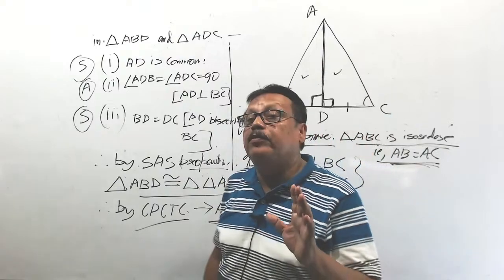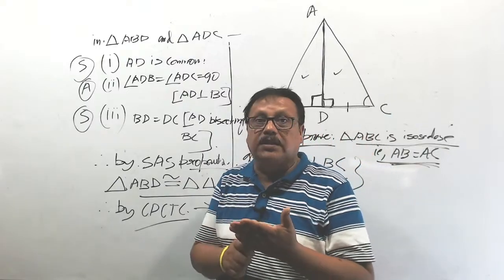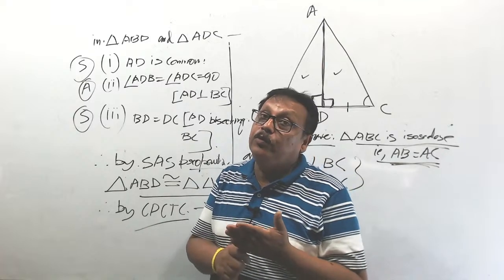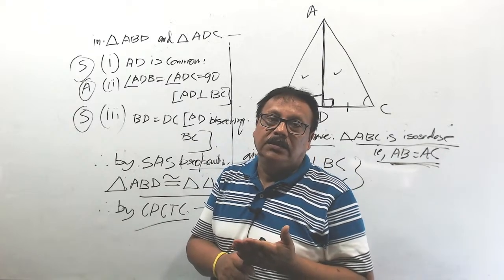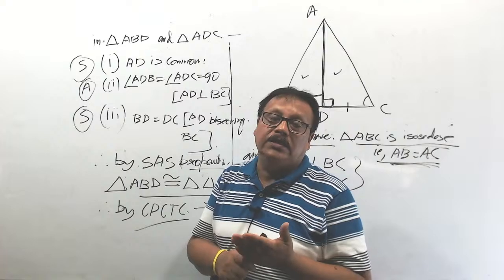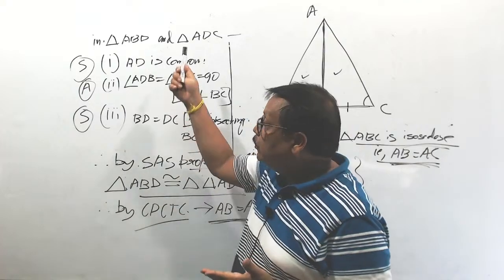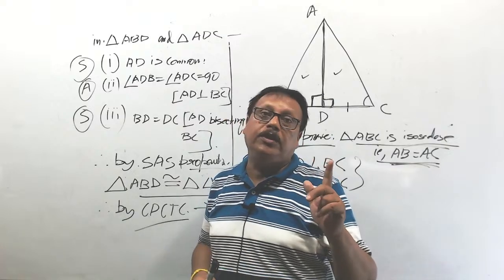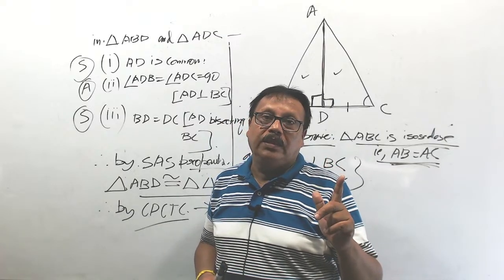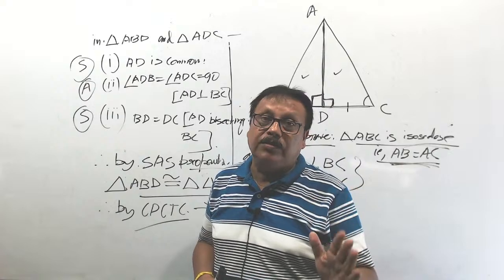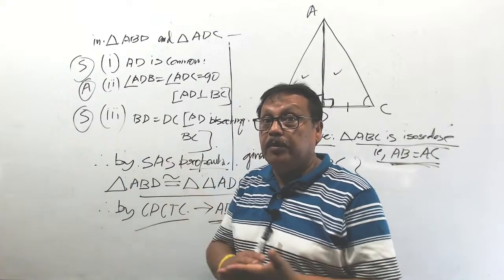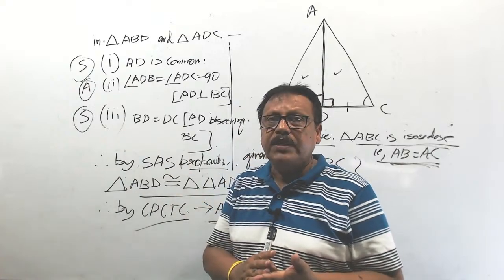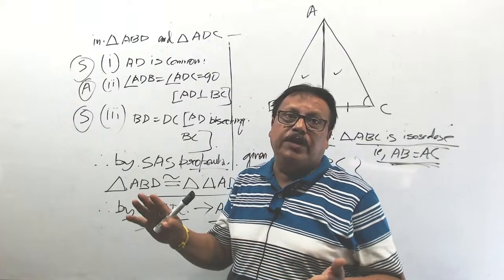Step by step you have to write. First you have to understand. When your concept will be clear regarding congruency of triangles, then you will be able to write all the steps clearly. Otherwise, it will give you trouble. I am doing all the problems here step by step with clear explanation.